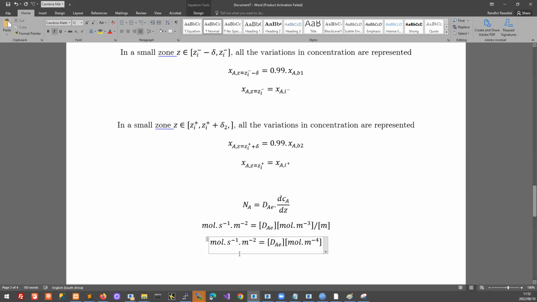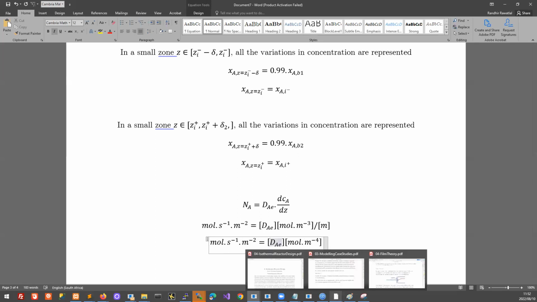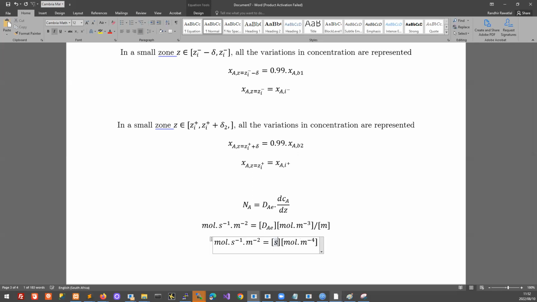And then if you just compare left and right, you can see what's missing is per second. Moles, that's fine. And in terms of meters, you've got an extra 2 on this side. So we need here meters squared. So the units for diffusivity are meters squared per second.